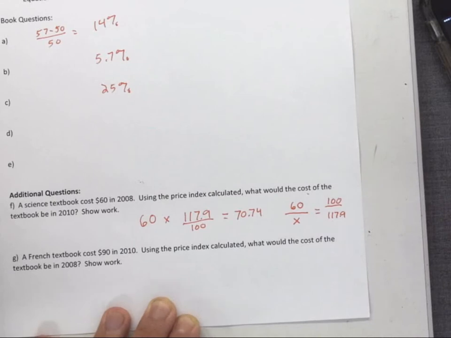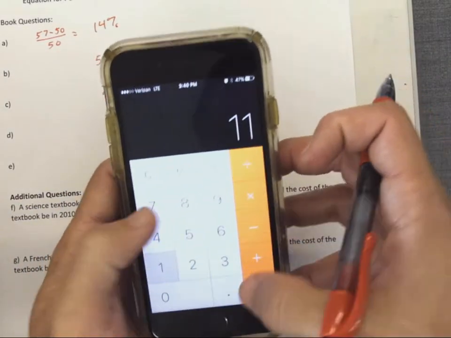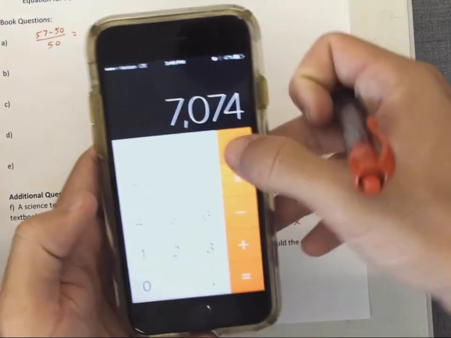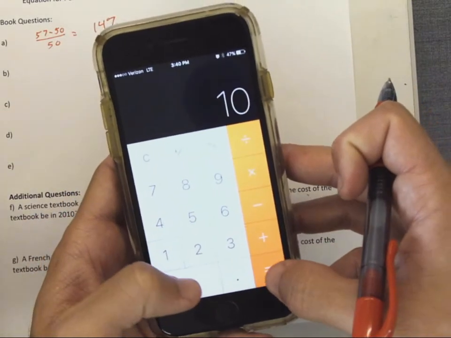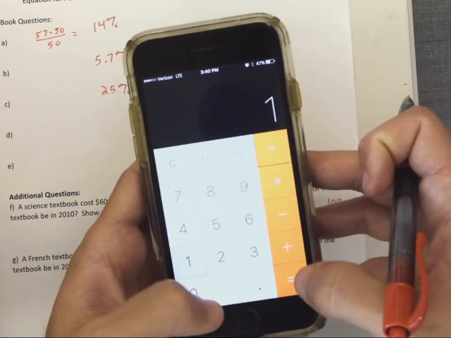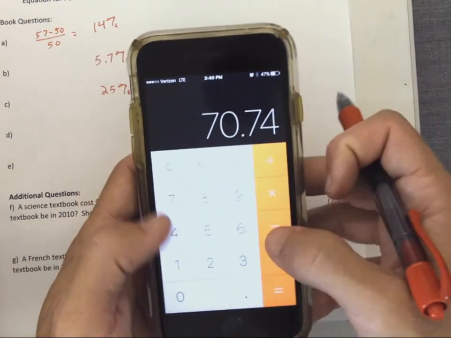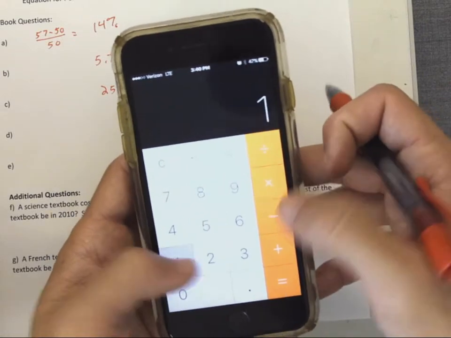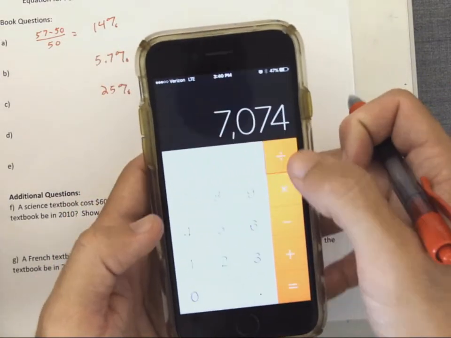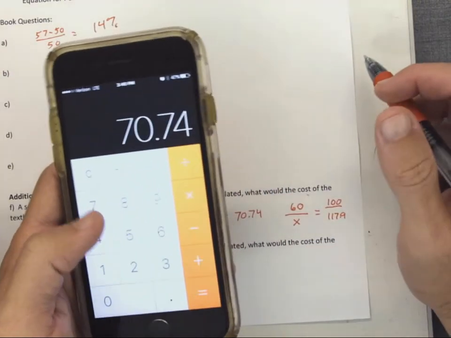When you cross multiply, 60 times 117.9 divided by 100, we get 70.74.